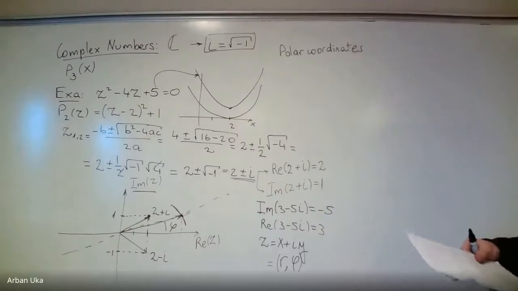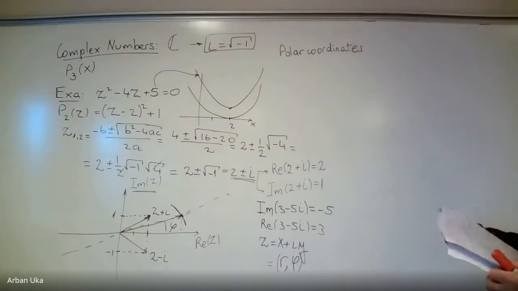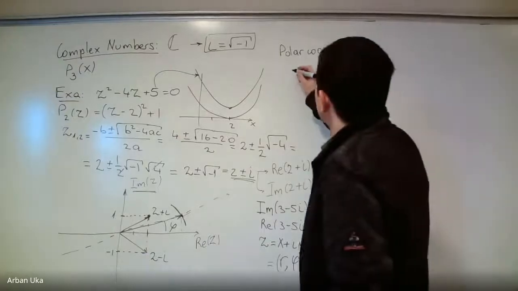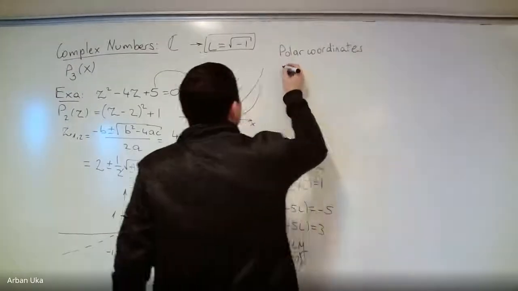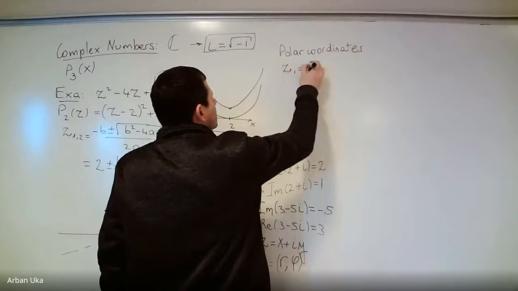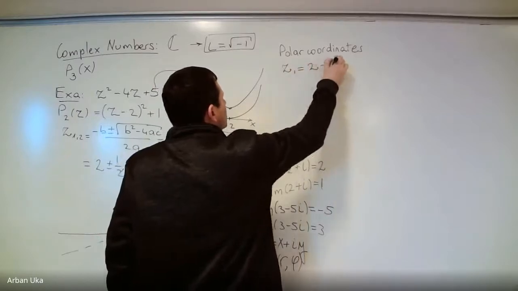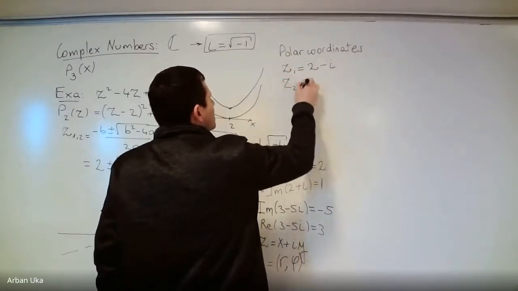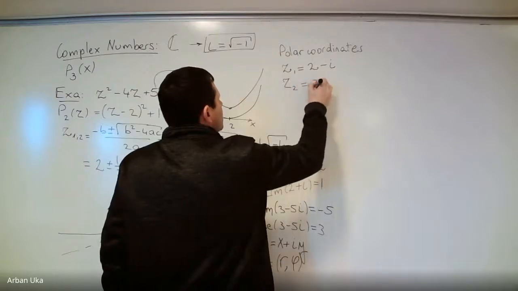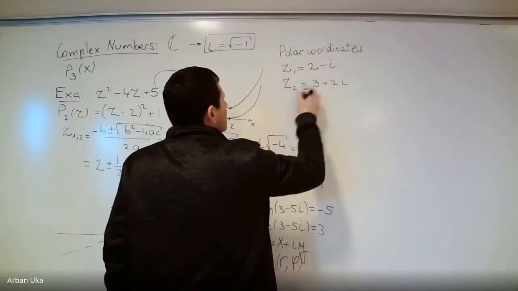Now, the manipulation of these complex numbers is similar to vectors. Let's assume that we have complex numbers z1 equal to 2 minus i, and z2 equal to 3 plus 2i.